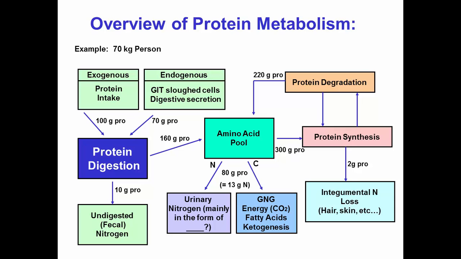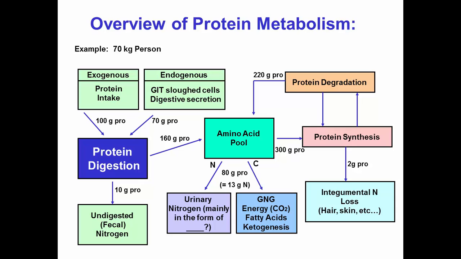Just over here, we've got some other nitrogen that gets lost from the body, right? So remembering physiology again, integumental losses. That's skin, sweat, hair, other forms of nitrogen that can go out. The other thing that we do is we recycle nitrogen from the colon.